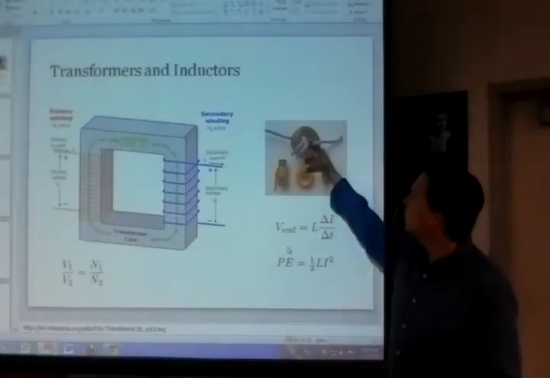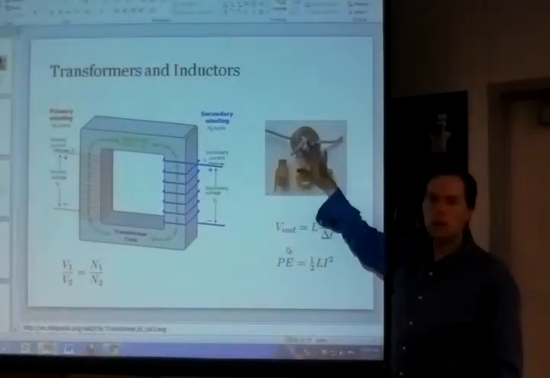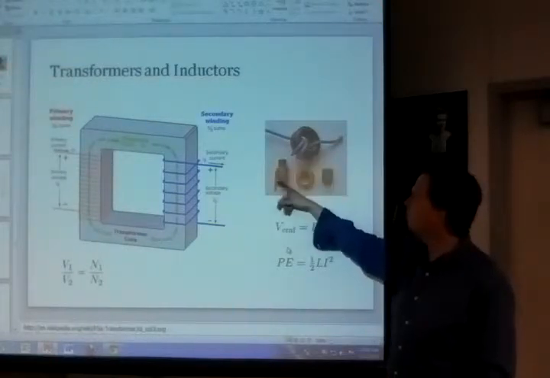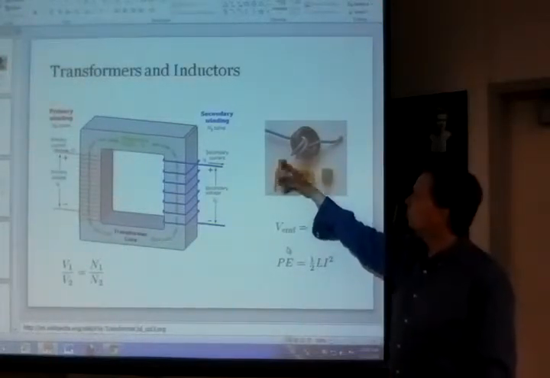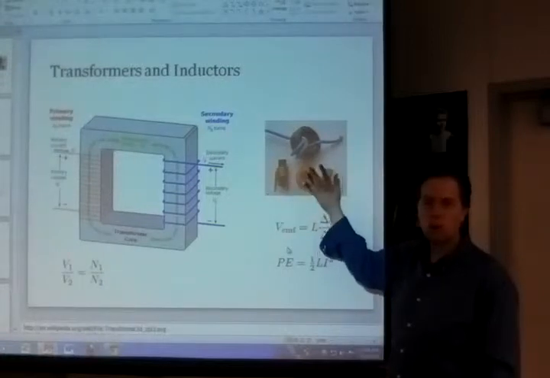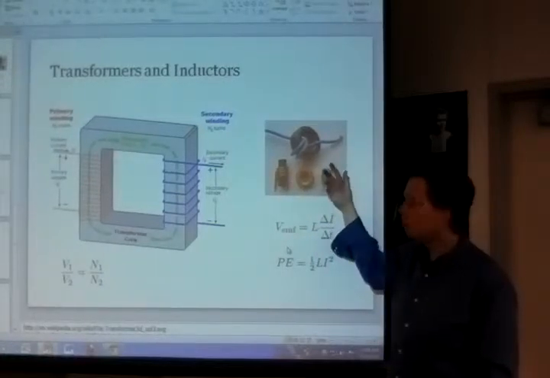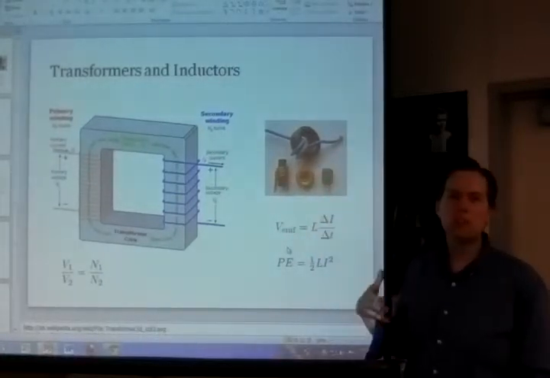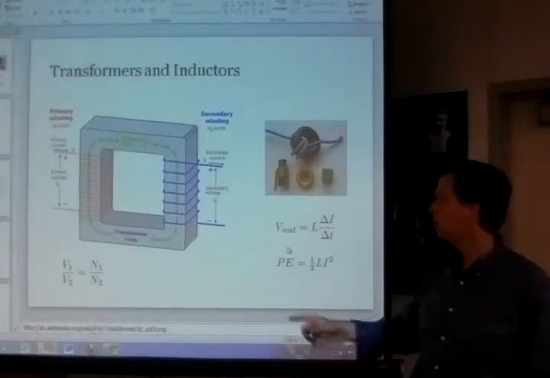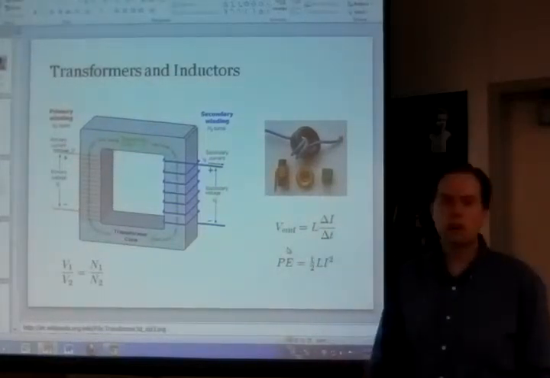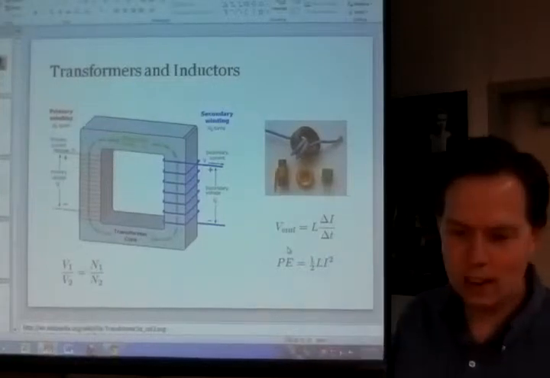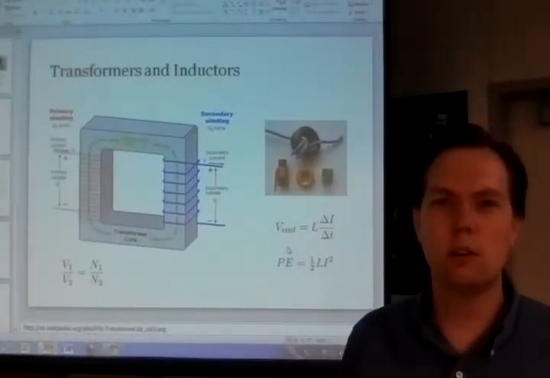And that inertia is captured in something called inductance. So any coil of wire, whether it's got an iron core or whether it's just a straight up wire, will have a certain amount of self-inductance. That's what's captured in this letter L. It represents the magnetic inertia, if you will, of the field.